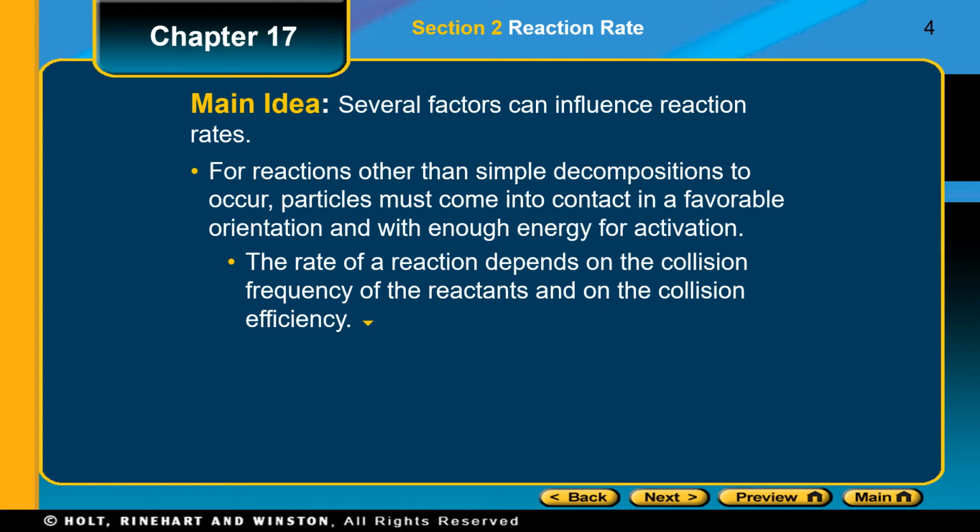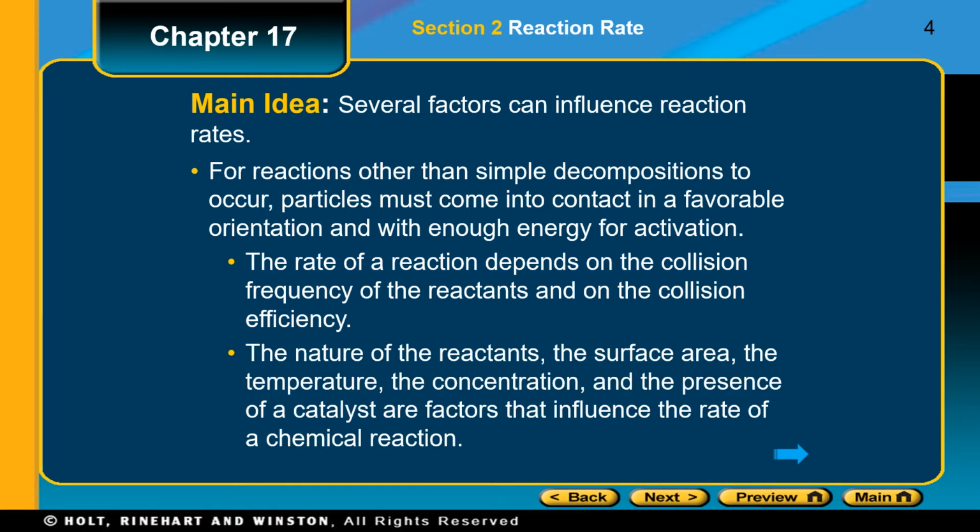In other words, what percentage of the time are they colliding in the right orientation to each other so that the reaction can actually proceed. And the nature of the reactant, the surface area, the temperature, the concentration, and the presence of a catalyst are all factors that influence the rate of a chemical reaction.